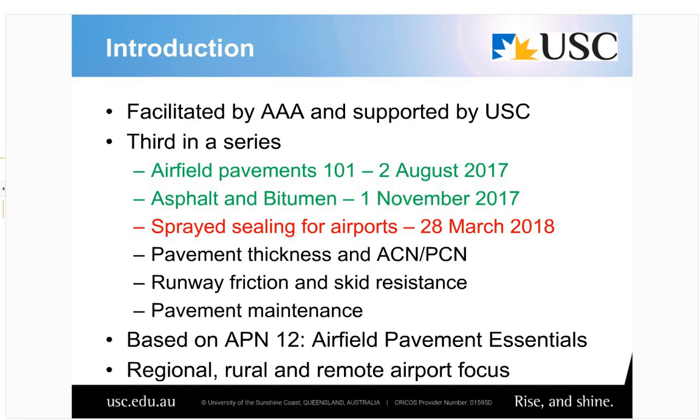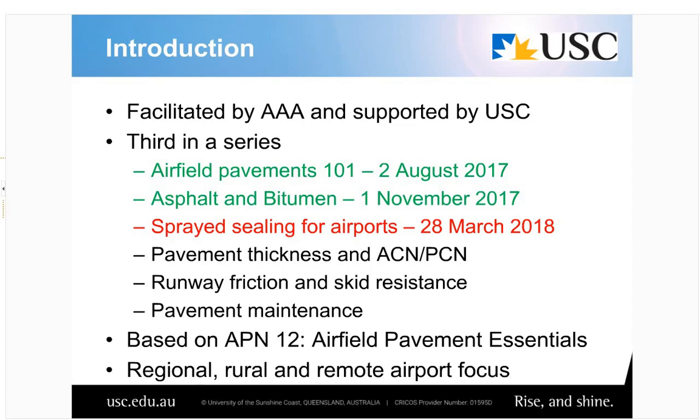In terms of the pavement series of webinars, this is the third. We talked about a general introduction to airport pavements in August last year, and then asphalt and bitumen late last year. This one's spray sealing for airports, and then the next one, which I think is in July from memory, is pavement thickness and ACN PCN.